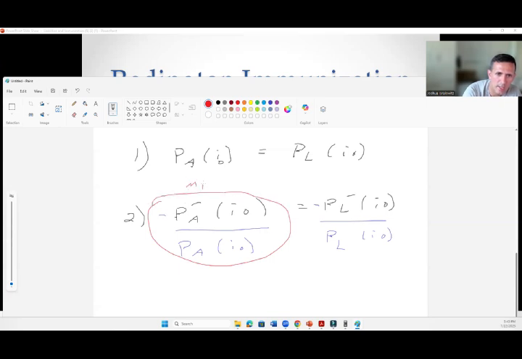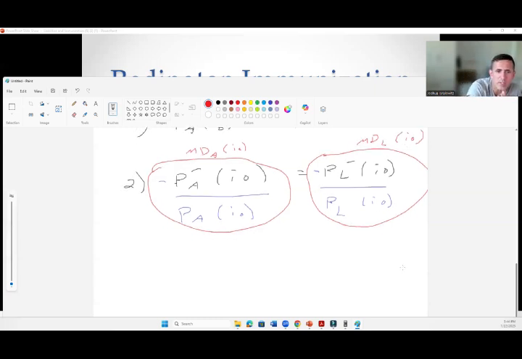So 2 is exactly the same thing as saying the modified duration of my assets is equal to the modified duration of my liabilities. I think what's important to remember is that it's exactly the same, and I'll explain why it's important in a second.